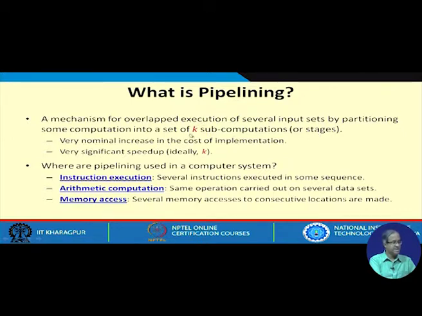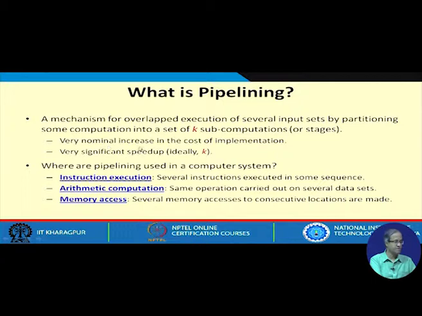Now, if I do this, there is a very nominal increase in the cost of implementation. Again, I shall be illustrating it with a real life example, but we can achieve a very significant speed up, which can be very close to k. This is really fantastic.